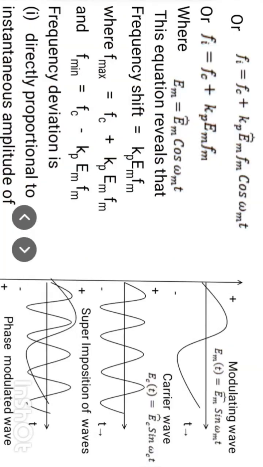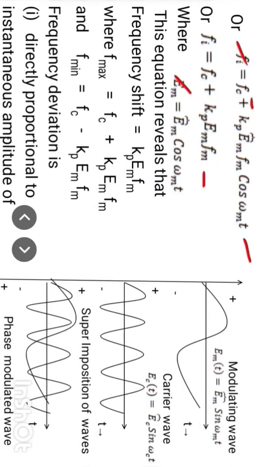Now cancelling 2 pi on both sides, we get fi is equal to fc plus Kp Em max fm cos omega m t, or fi is equal to fc plus Kp Em fm, where Em is equal to Em max cos omega m t.